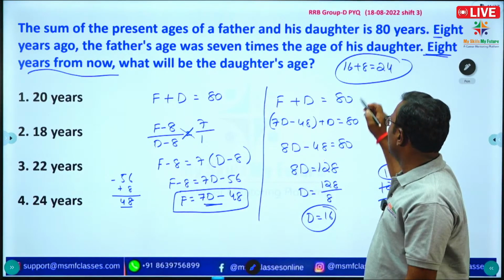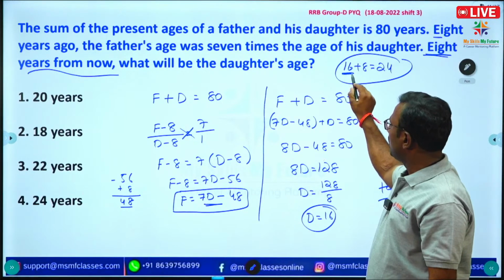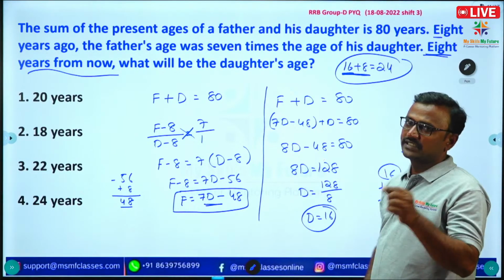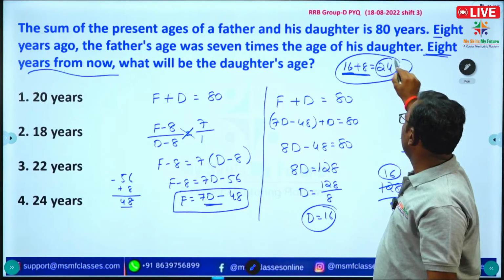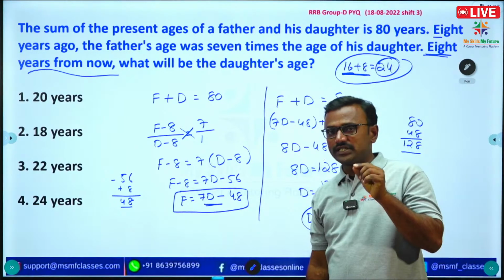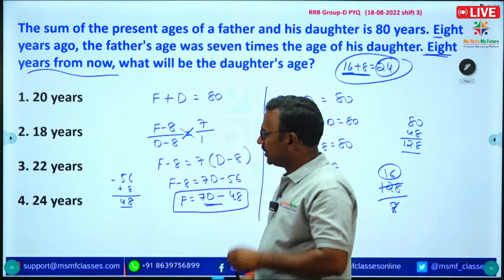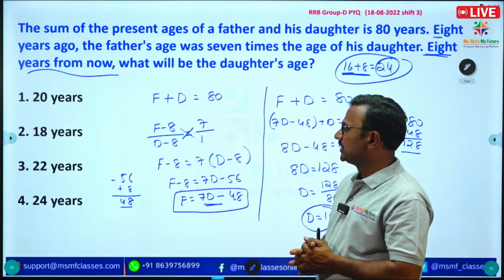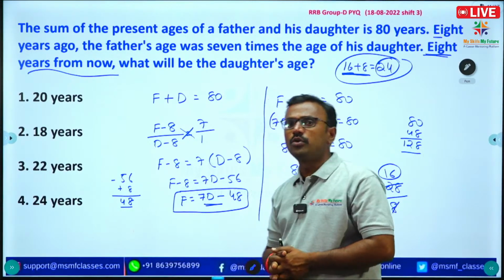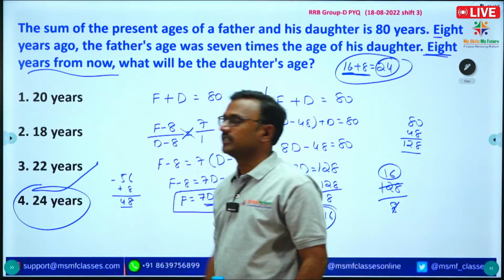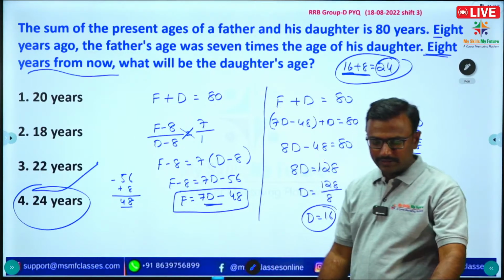This is the daughter's present age, so 8 years from now means 16 plus 8, we get 24. See the options: option 1 20, option 2 18, option 3 22, option 4 24. So option 4 is the correct answer. Okay, right, next question.